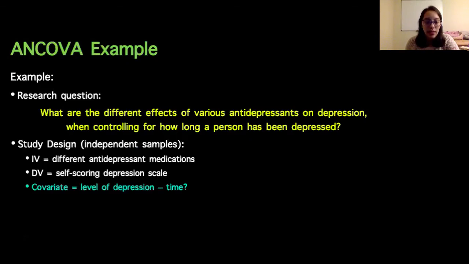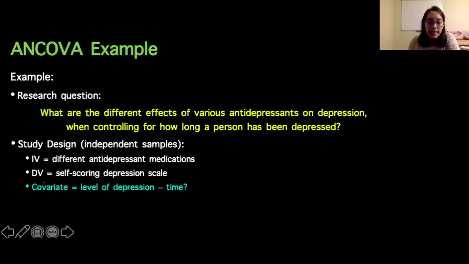But in this example, again, ANCOVAs are going to use independent samples, which I think gets a little bit confusing to some people when we look at the pre-test, post-test situation, but I'll get to that in a second. So we're going to have independent samples for this, and let's say our independent variable is different antidepressant medications. Let's say we have 3 different samples and each person is trying a different drug.